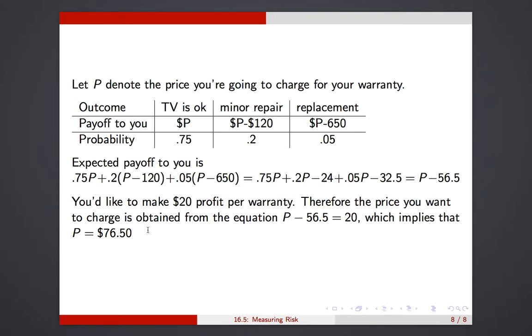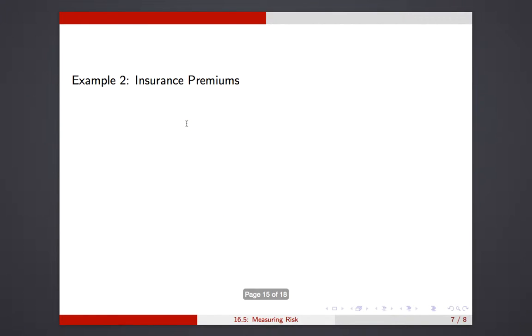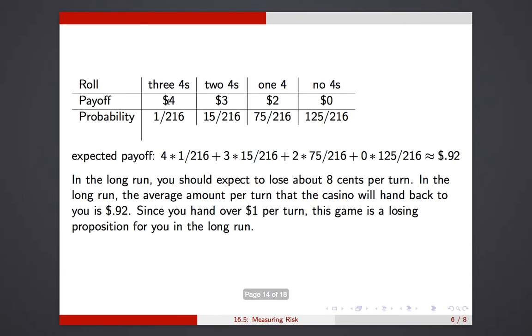Both of these examples, again, there's nothing new in this section. Both of these examples are just expected value, and now we've called the concept expected payoff. But it's the same thing. You create a table where now you have payoffs listed across. In this case, we didn't know what the payoffs were yet because we didn't know what this P was. But in the Chuck-a-Luck example, here it is, we knew what the payoffs were.